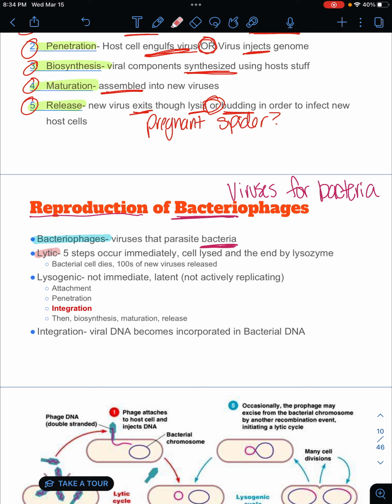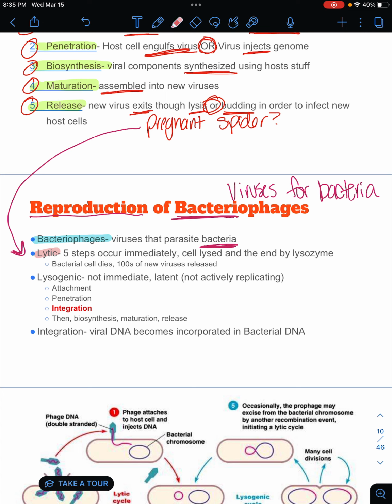This thing is almost like a lysosome, which is why I say that. It's actually something different that will rupture the cell and tell the cell, just like a lysosome, you're done, kill yourself off so that maybe the host can survive. I guess it's almost like waving the white flag. The bacterial cell dies and hundreds of new viruses are released. So really, when I put pregnant spider up here, that's the lytic cycle, okay?